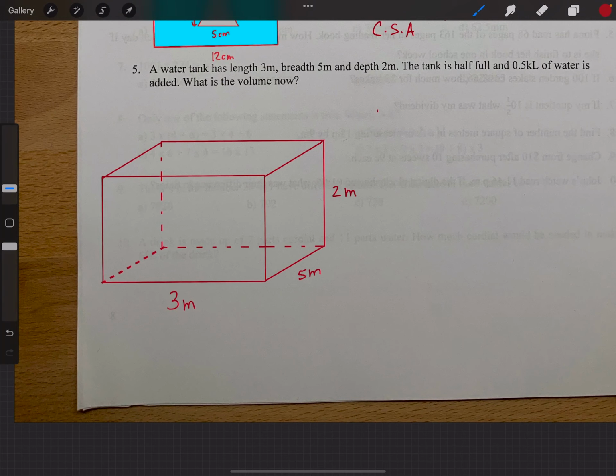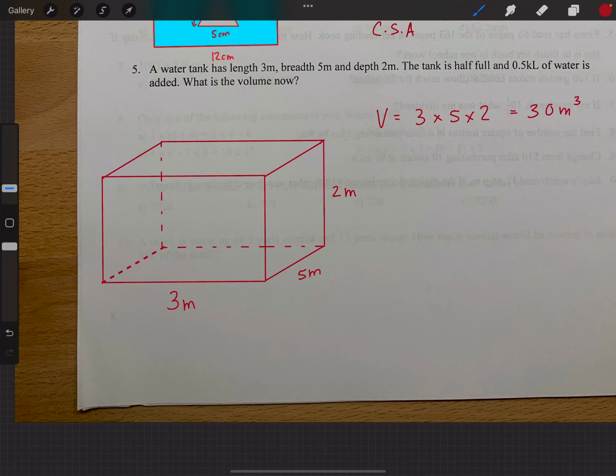To find the volume of this shape, volume is equal to length times width times height. So 3 times 5 times 2 is equal to 30 meter cube.